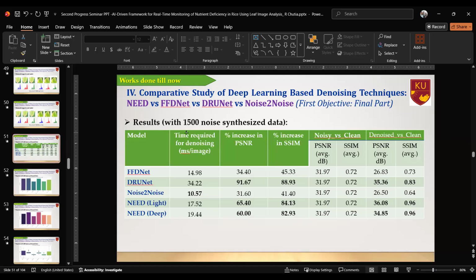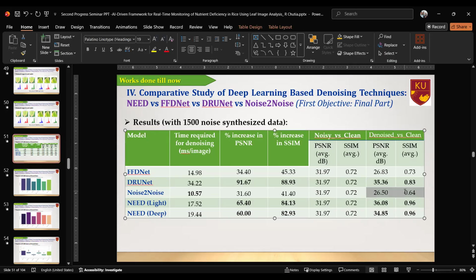So here we have given the results from the 1500 noisy images which are predicted with the different types of models. So here we have seen that the Noise2Noise model is performing faster, but the performance is very poor.